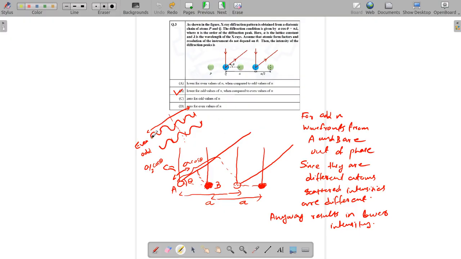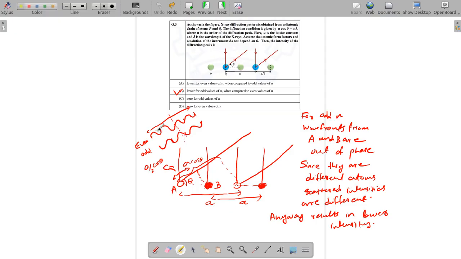The thing to note is that a cos theta is basically the path difference between them. If a cos theta is n lambda, when n is even, you have like this is 1, this is 2, and 3, 4, so you have 4 cycles, for example, an even number. In that case, the radiation from B and the one radiated by A are in phase, because they align up.